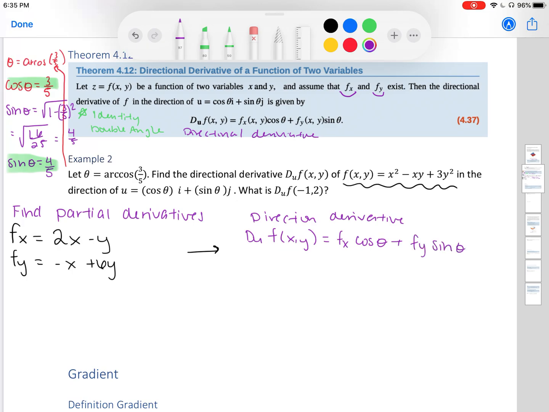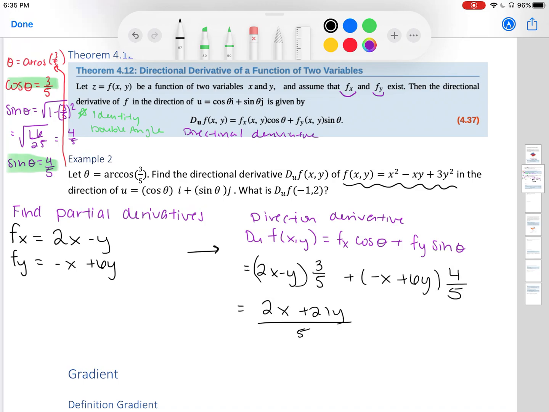Just as we have right above. Okay, now we have all the pieces. So we have 2x minus y times cosine theta, and cosine theta we said was 3 over 5, plus negative x plus 6y times sine theta, 4 over 5. So we just distribute these values, and our answer is 2x plus 21y over 5.